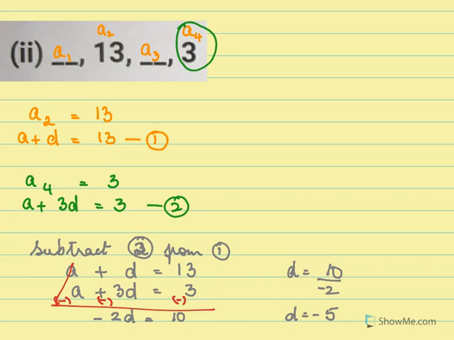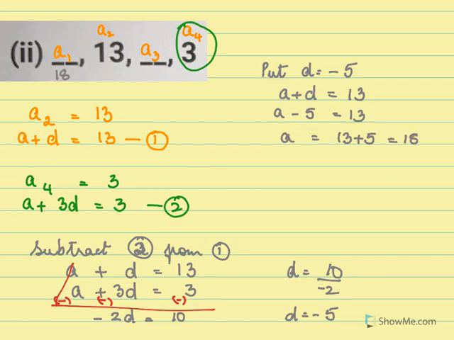So we know that D is minus 5. So our first term, let us see how to find. We will put D equal to minus 5 in any one of the equations. Say A plus D equal to 13. So A minus 5 equal to 13. So your A will be 13 plus 5, and this is 18. So we got the first term.